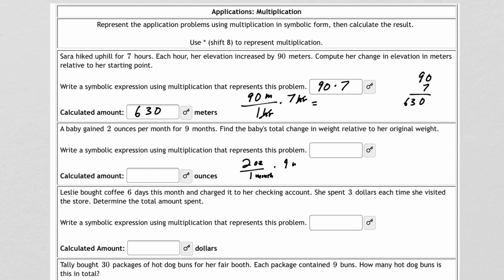So if I multiply by 9 months, that should give me the correct answer, right? Again, the units of months will cancel. And now I have 2 times 9, which is 18 ounces. And the actual expression here is simply going to be 2 times 9.